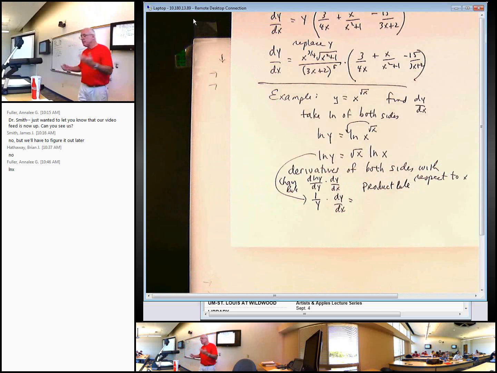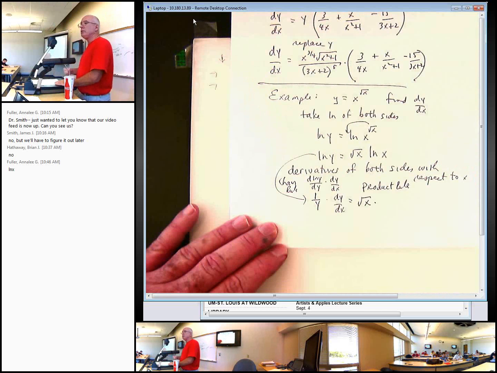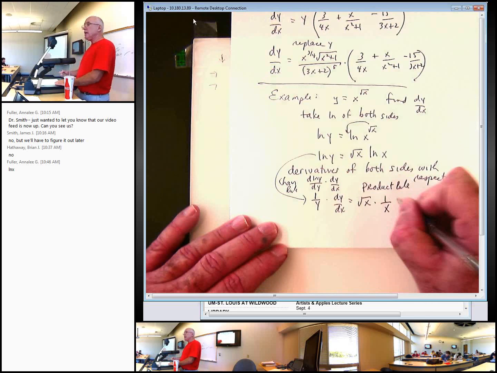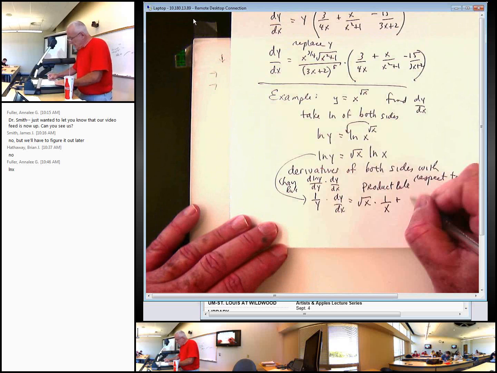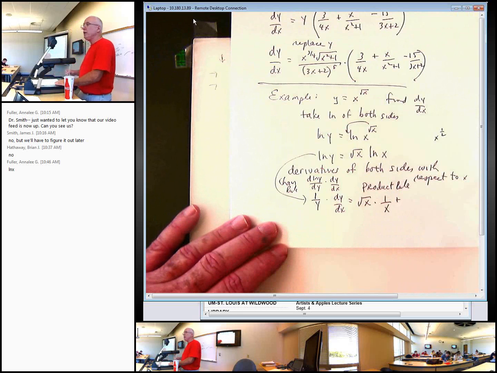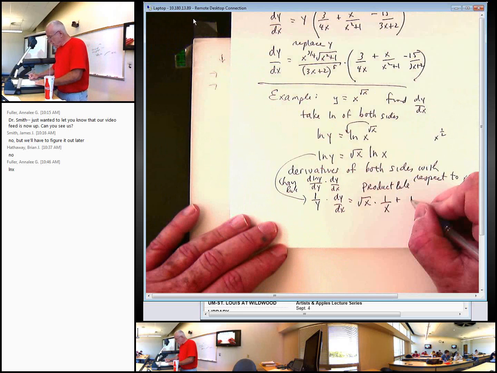Okay, so first of all, let's take the square root of x times the derivative of the natural log of x, which is 1 over x. And then let's do the derivative of the square root of x, which is x to the 1/2. The derivative of x to the 1/2 is going to be 1/2 times x to the negative 1/2, right?